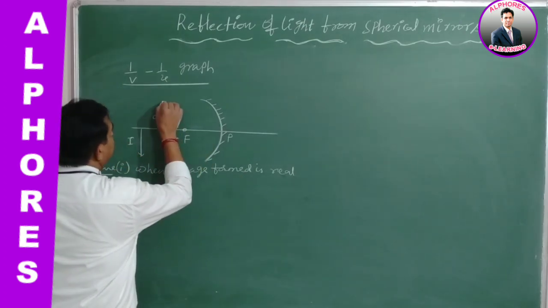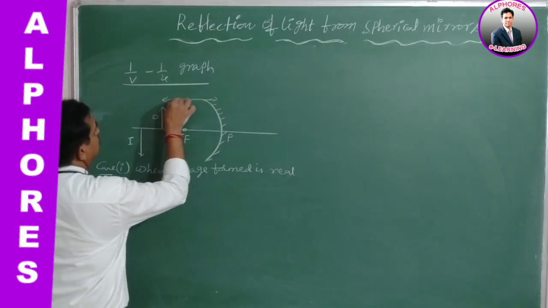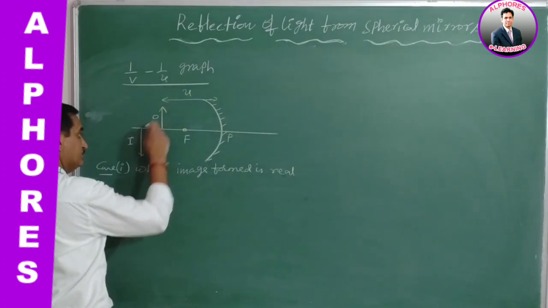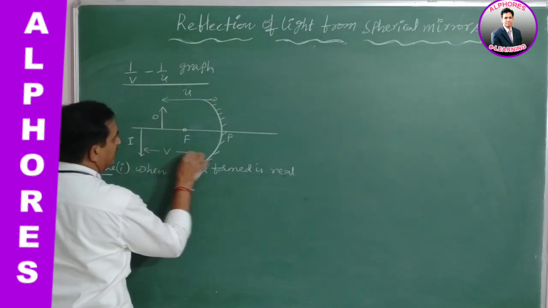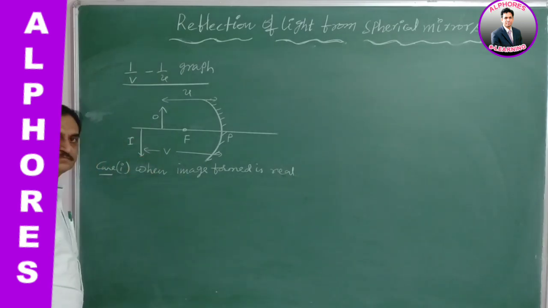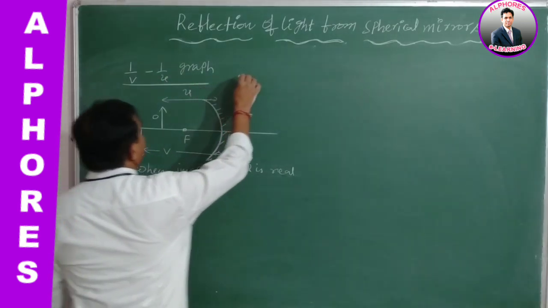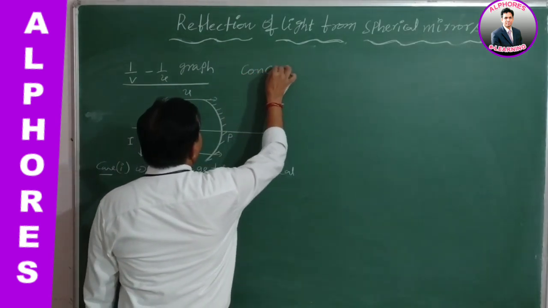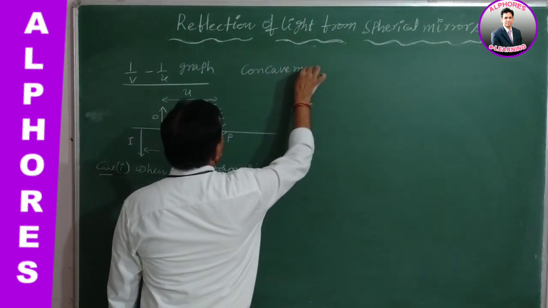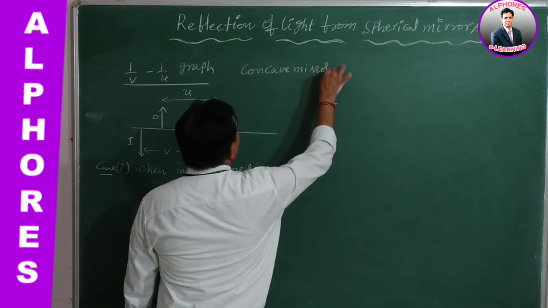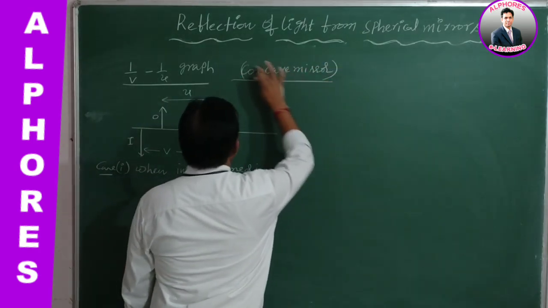The real object distance U is negative, and the real image distance V is also negative. Therefore, we are taking the 1 by V, 1 by U graph for the concave mirror, first part.